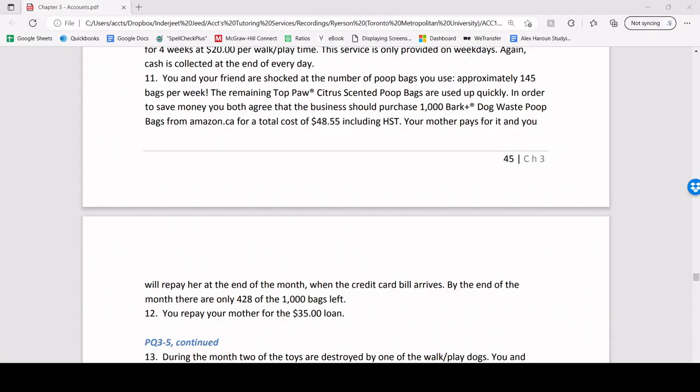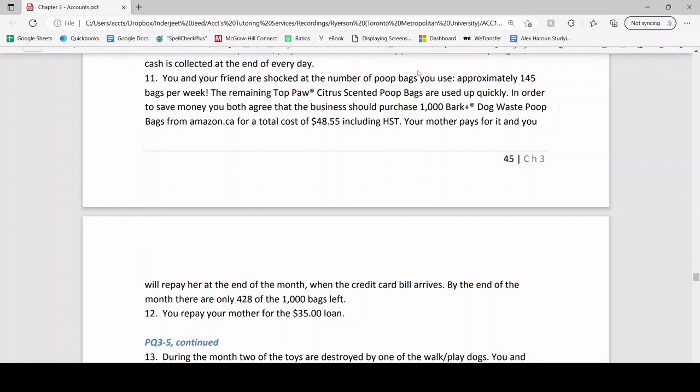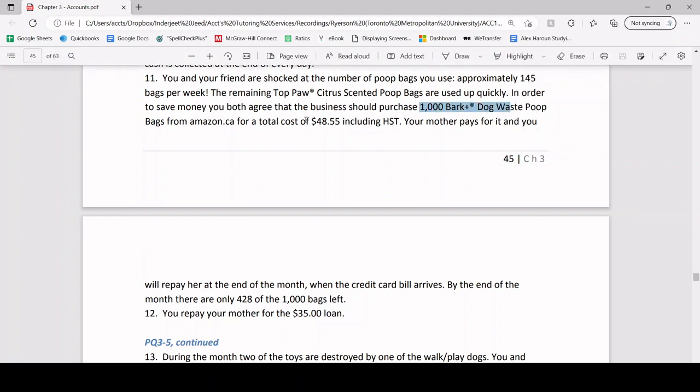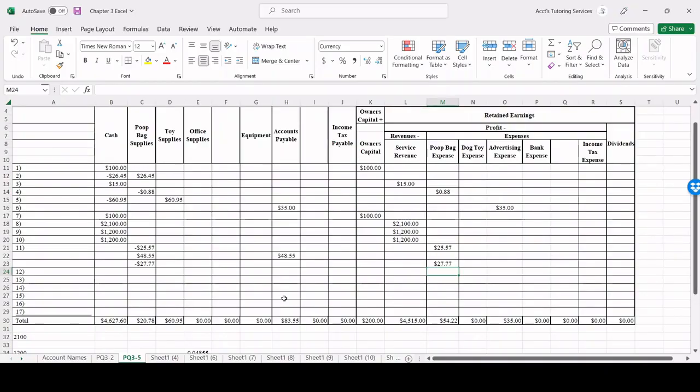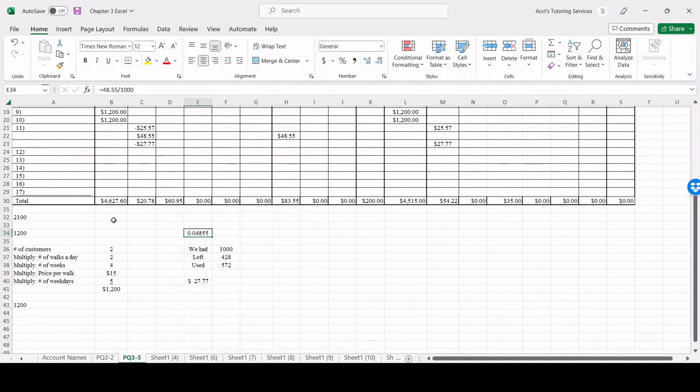So just to go over that again, we bought 1,000 bags at 48.55 and we used up 428. So once again, we have to calculate the cost per bag. $48.55 divided by 1,000 gives us 0.04855 per bag.